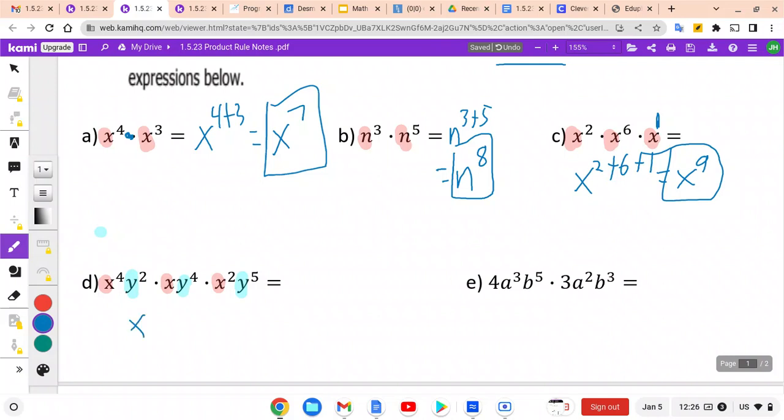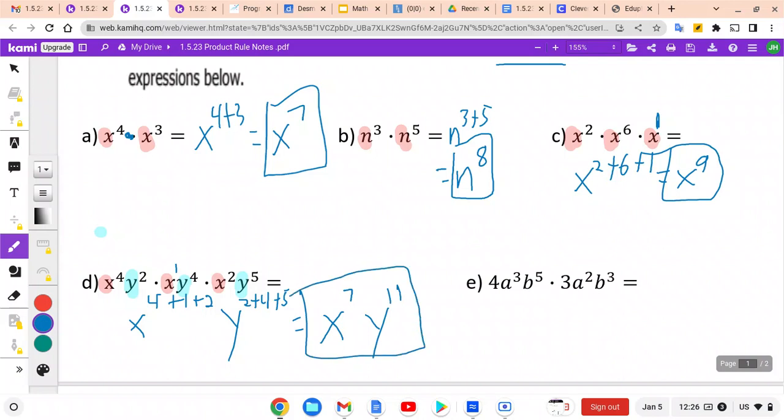So it's x to the 4th plus the invisible 1 plus the 2, and then y to the 2 plus 4 plus 5. And you write it side to side. So it's x to the 7th, y to the 11th. All right, you write them side to side. When you stick letters together like that, I like to say you're sticking together with multiplication glue.